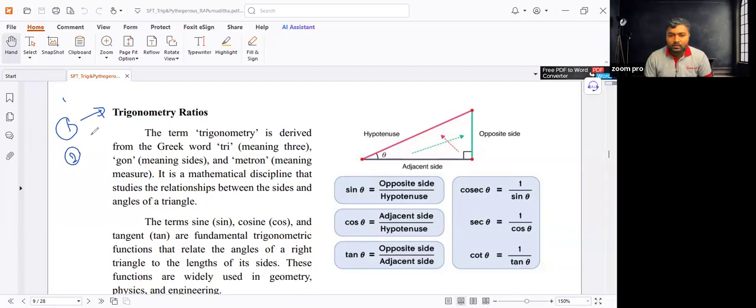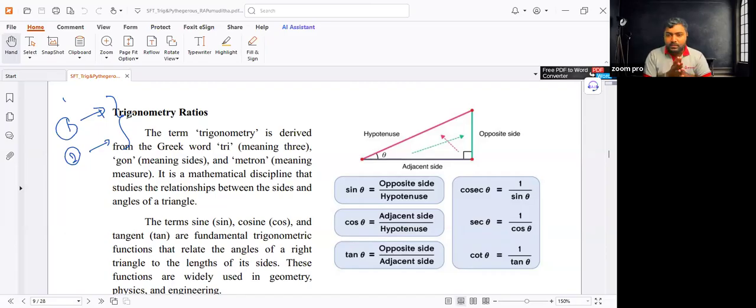Based on these two, there can be different calculations, but the basic is under this lesson, you are always asked to find a length or an angle.